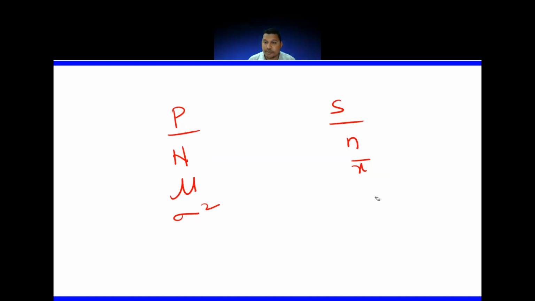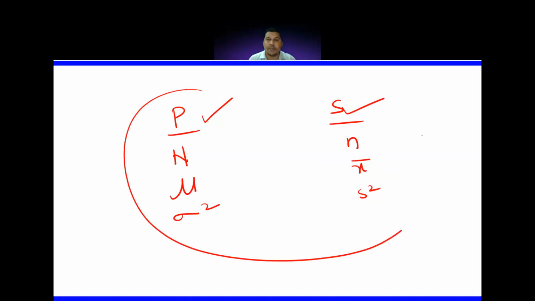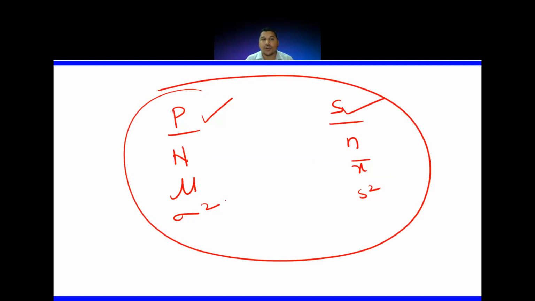So these are the representations we use in population and sample. Whole statistics runs behind these 6 parameters only. You can solve a lot of problems of data science by knowing these parameters.